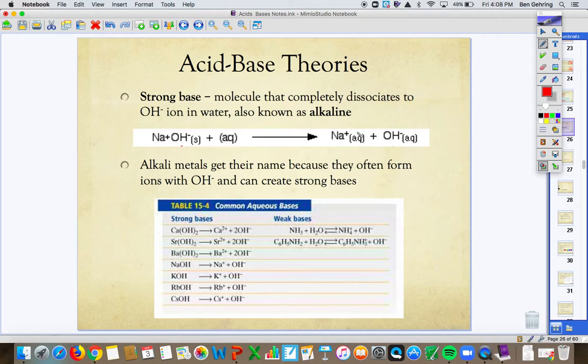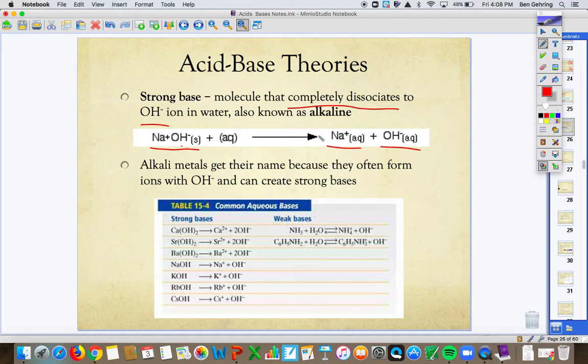Okay, and then if we look at bases, so a strong acid completely dissociates, a strong base also completely dissociates into hydroxide ions and your alkali, your base part. So for example, sodium hydroxide is a strong base. It completely dissociates into sodium and hydroxide.